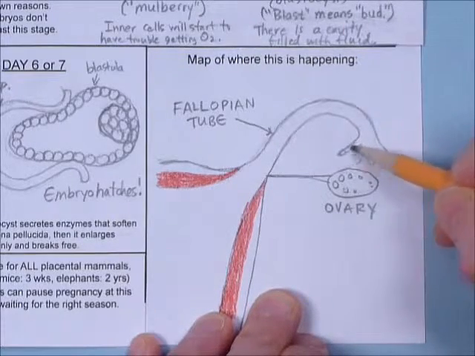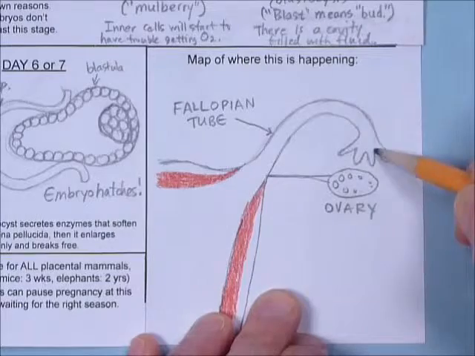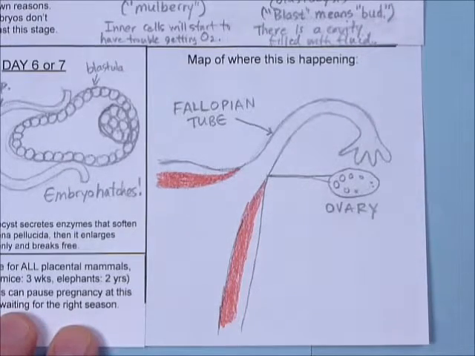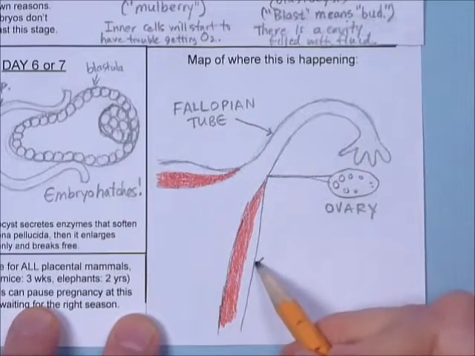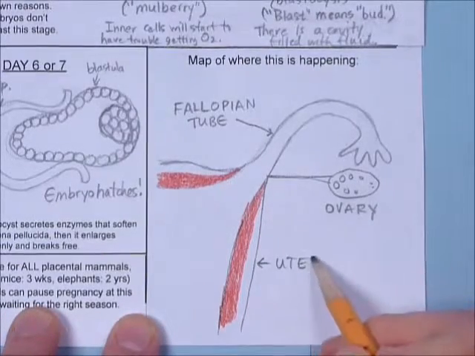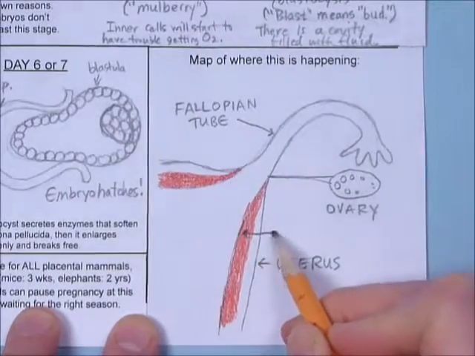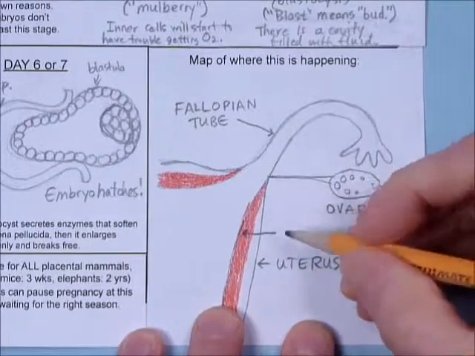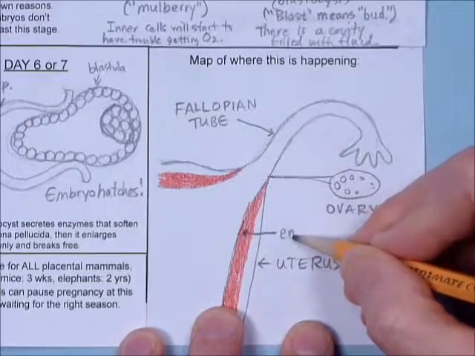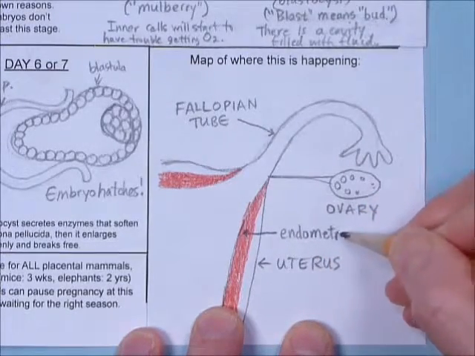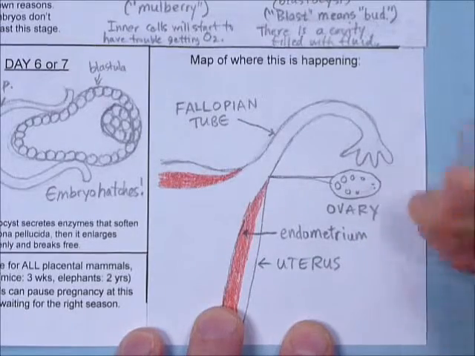Diagrams are usually out of scale and out of proportion, but they help us to understand what's going on. And then we'll label this down here as the uterus. And if you want to label the red lining, it's actually called the endometrium, E-N-D-O-M-E-T-R-I-U-M. It's a very Latin looking word.